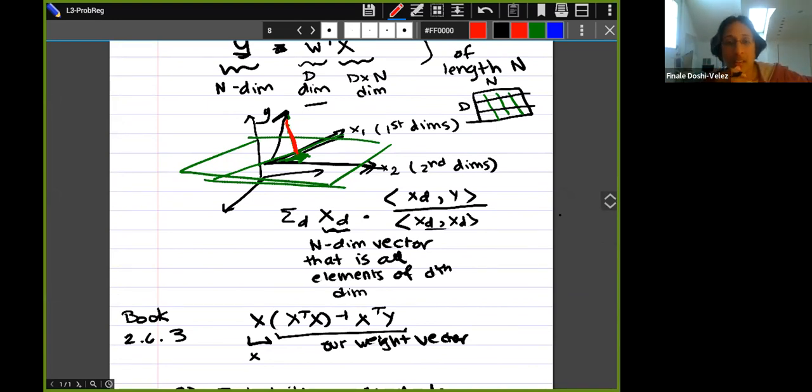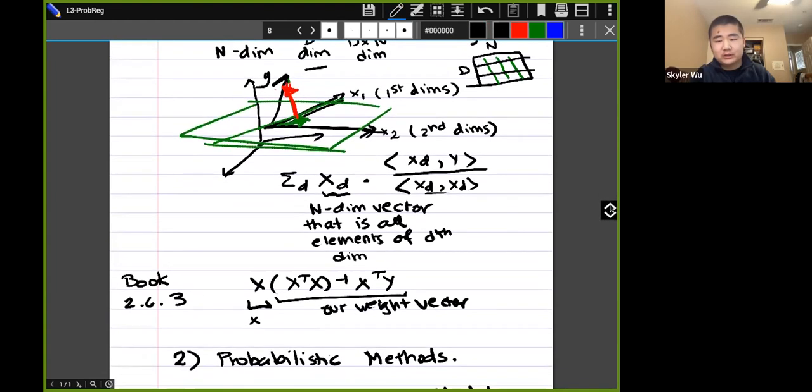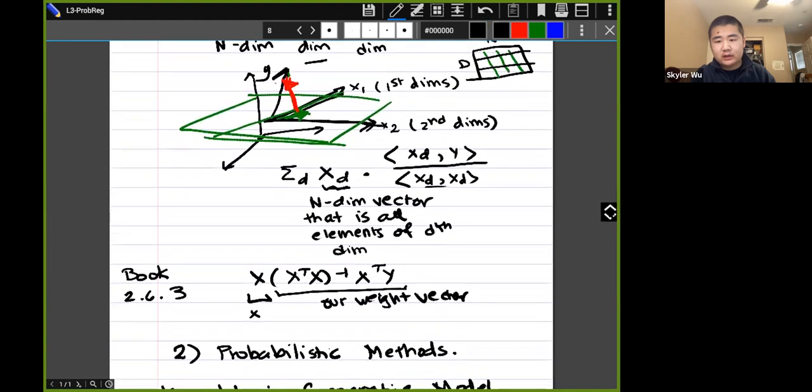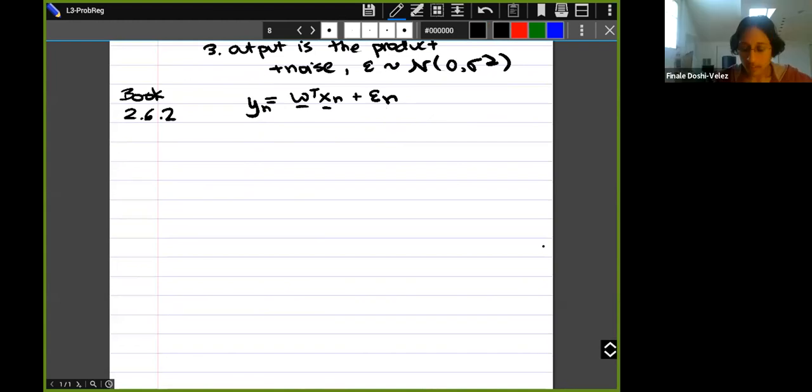And if you look at each element in this orthogonal vector, that will be the error on each point. Oh, so that's the equivalent to our yn minus w transpose xn, squared thing? That's right. Okay, cool. Thank you so much. Yeah, thanks for asking the question. That makes an important connection.